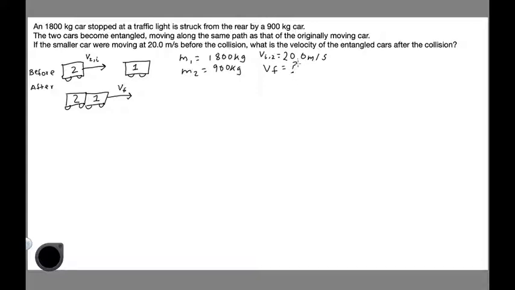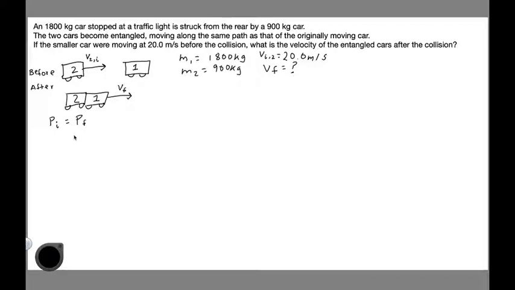So now let's use our equation for conservation of momentum. So the equation for conservation of momentum is PI, which is initial momentum. I stands for initial, and P is the momentum of our system, and PF is likewise going to be the final momentum of our system.